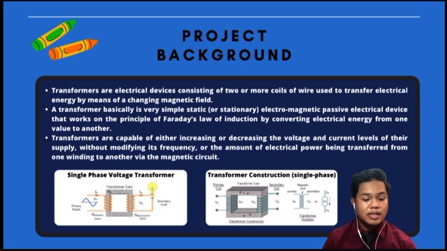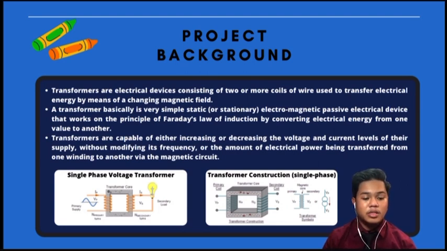Then we can say that transformers work in the magnetic domain, and transformers get their name from the fact that they transform one voltage or current level into another. Transformers are capable of either increasing or decreasing the voltage and current levels of their supply without modifying its frequency or the amount of electrical power being transferred from one winding to another via the magnetic circuit.